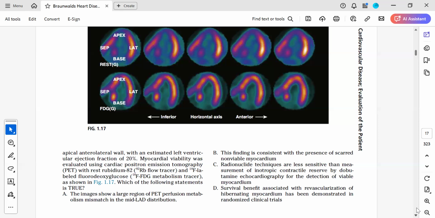These include dobutamine echocardiography, cardiovascular magnetic resonance, and one that is under investigation now, which is myocardial contrast echocardiography.